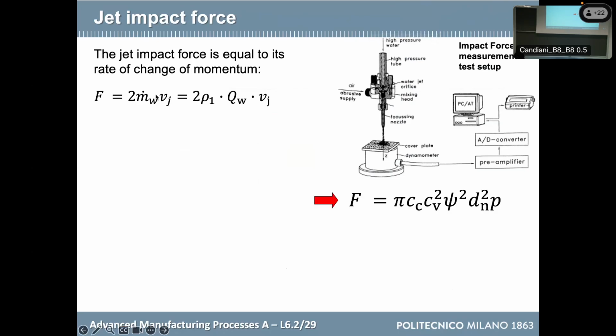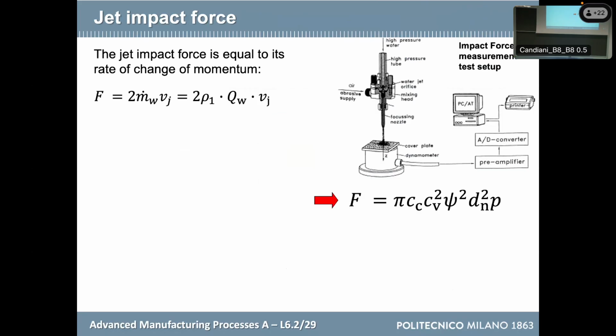And the thrust is a variation of the momentum. So we have twice the momentum if the jet rebounds completely, vertically. And this is for maximizing the use of the energy of the jet stream in the case of a Pelton turbine. Here it is exactly the same.